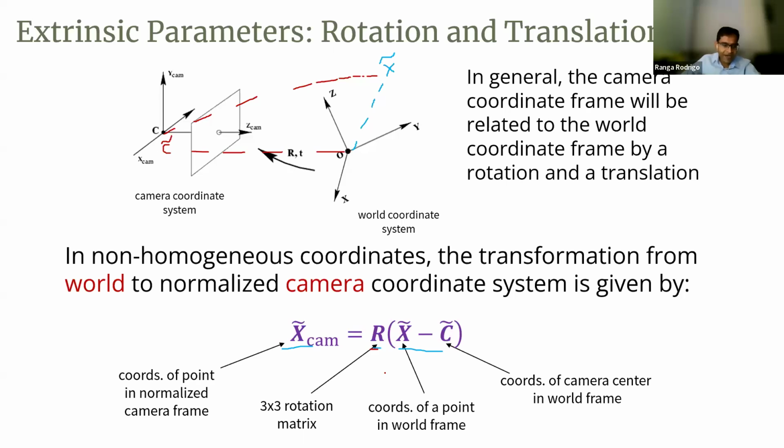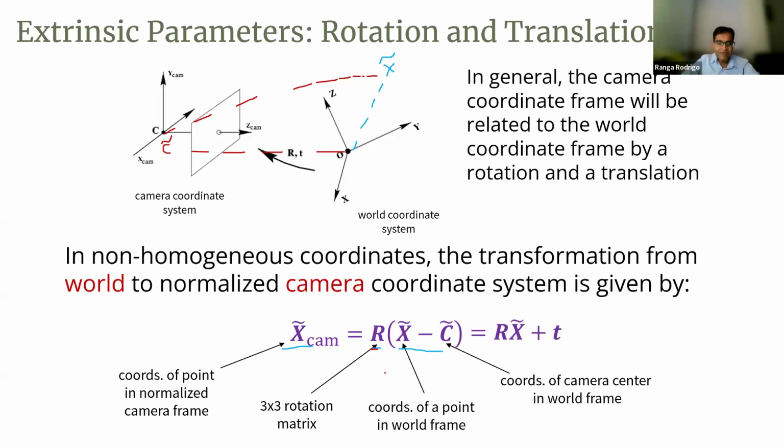The coordinates of the point in the normalized camera frame is what we get here. Last time we looked at the rotation matrix in 2D. I hope you remember cos theta, minus sin theta, sin theta. I hope you remember that rotation matrix in 2D. So these are the rotation matrices in 3D.